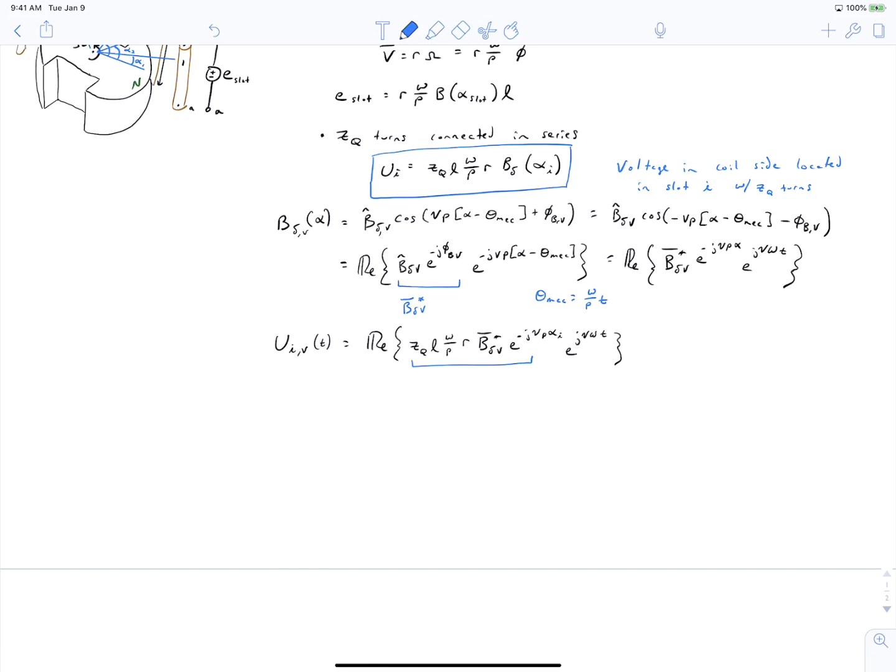First, we're going to flag that this first set of terms is going to be equal to the phasor of the voltage if something was located in slot 0, if a coil side is located at 0 radians off of center. And then we're going to note that this phasor is rotated based on the slot's location to determine the phasor of any arbitrary coil side at any slot.